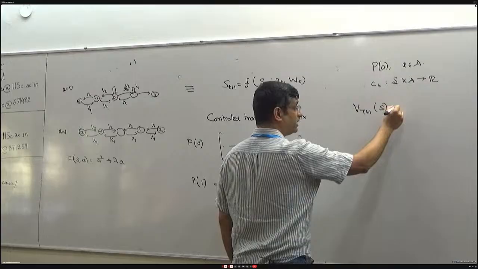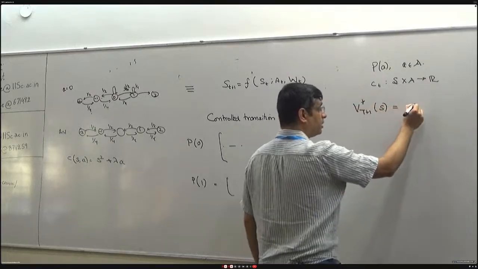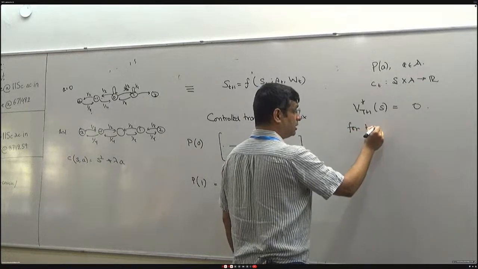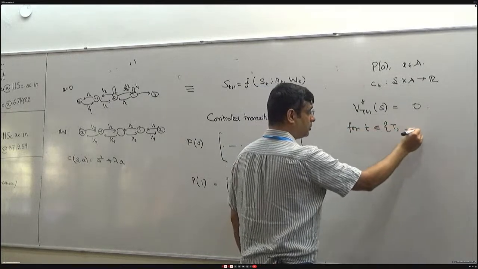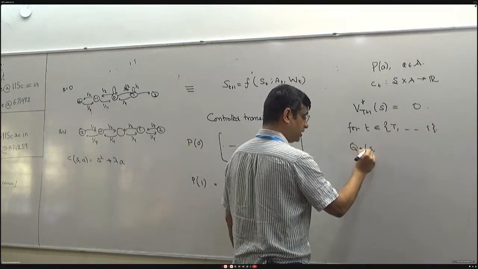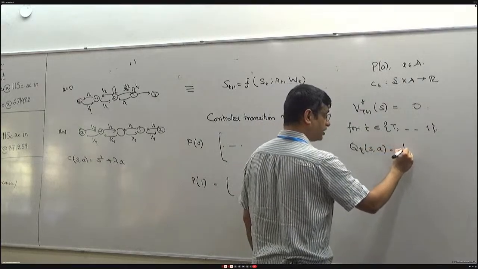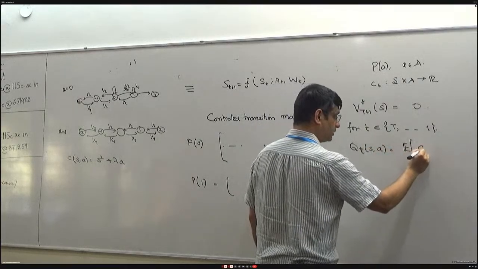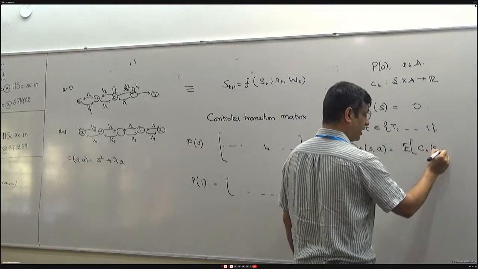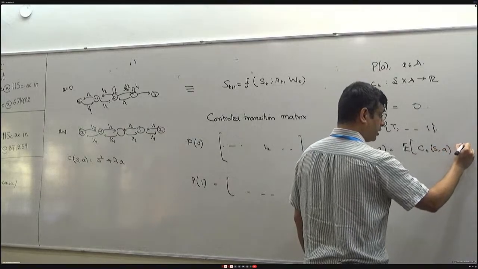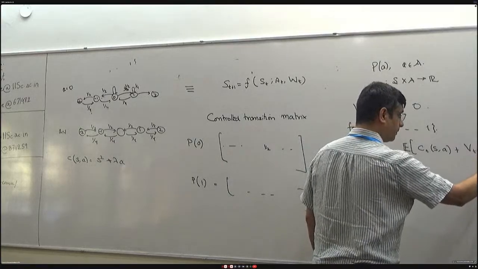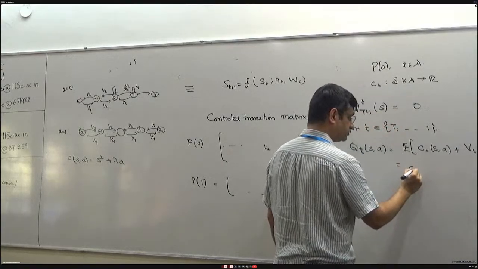I'll say there is a value function at time T plus 1, which is identically 0, and then for time t equals capital T down to 1, I'm going to write Q t of s, a as the expectation of c t of s, a plus V t plus 1 of s t plus 1.